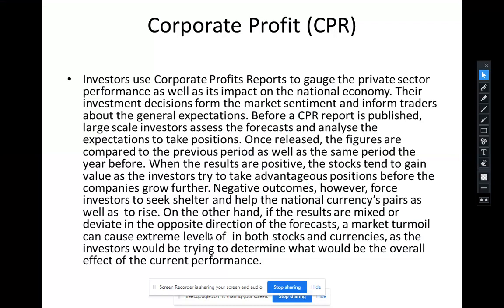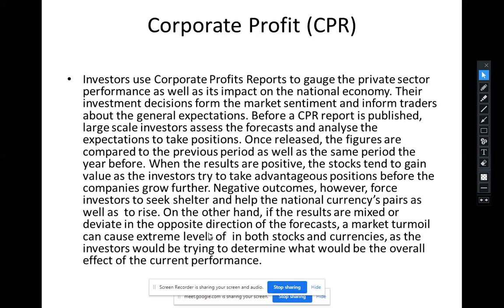If the outcome is negative, however, it forces investors to seek shelter and helps the national currency to rise. On the other hand, if the results are mixed, that is why most of the time you will not see anything happen to the currency.